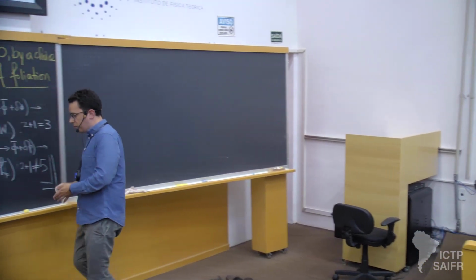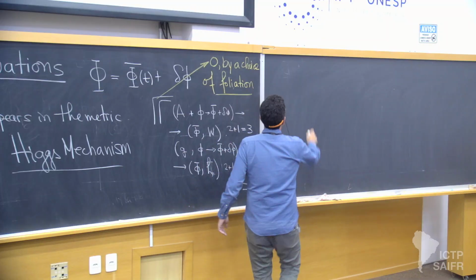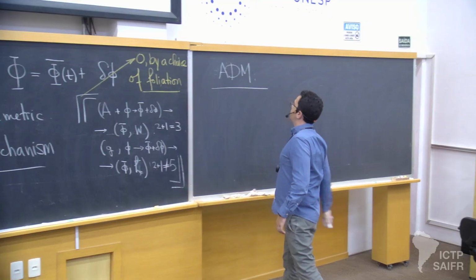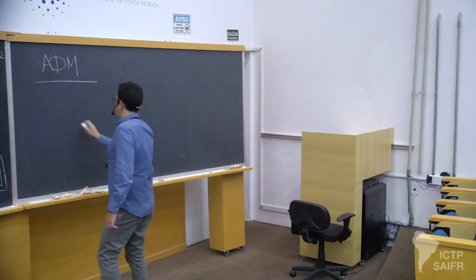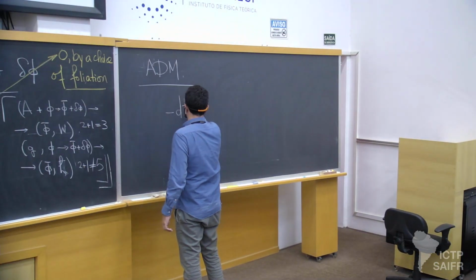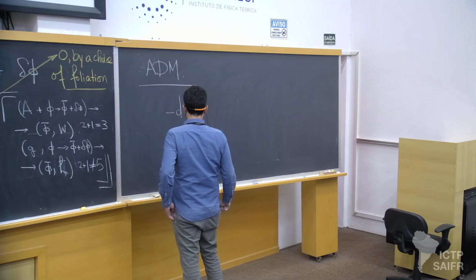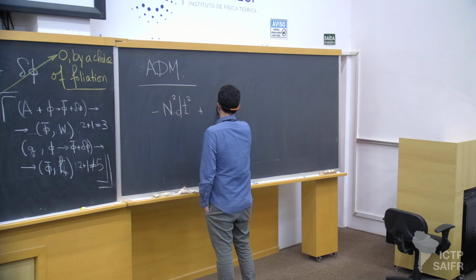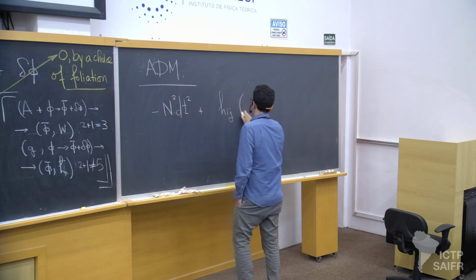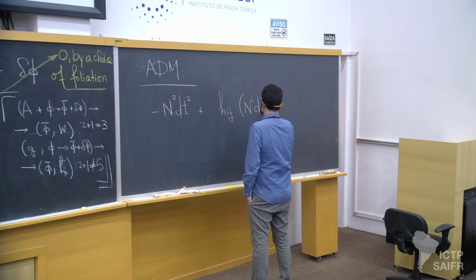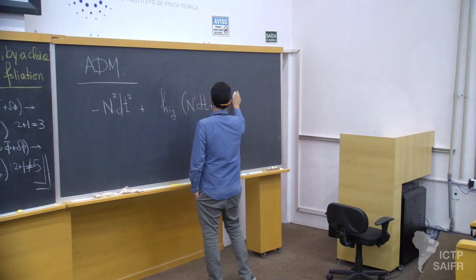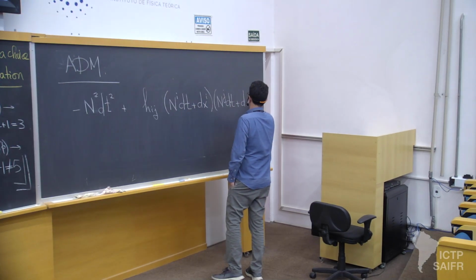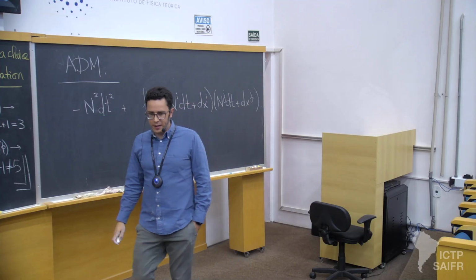There's a nice way of thinking about the metric that is due to Arnowitt, Deser, Misner, which is the Hamiltonian way of thinking about the metric, which is you write the metric like this. You add minus N squared dt squared plus... here I didn't really do anything.